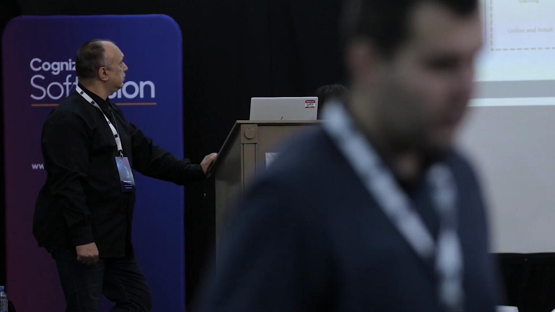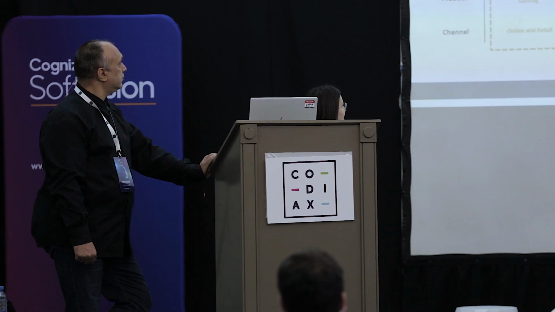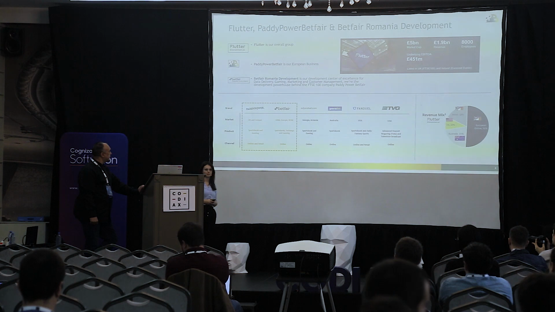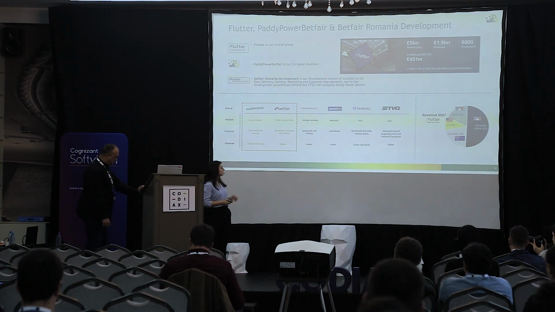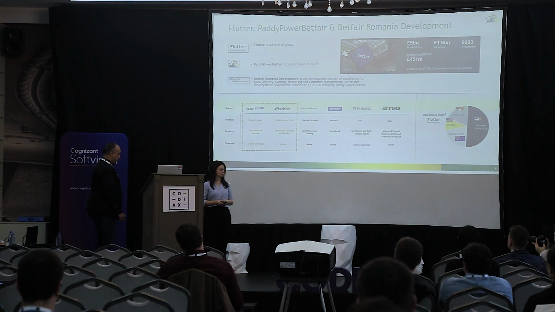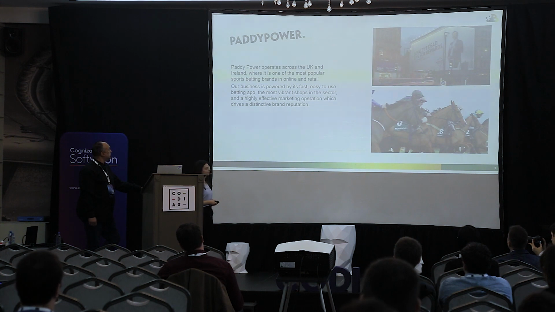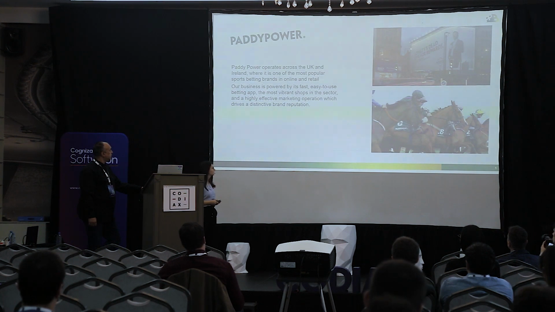Here in this square we have two of our most powerful and most important brands that we look after, and I'm going to tell you a few words about each of them. So, Paddy Power. Paddy Power is our European brand, having a presence both online and in retail.